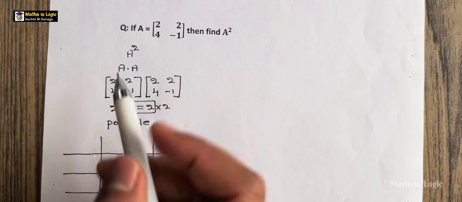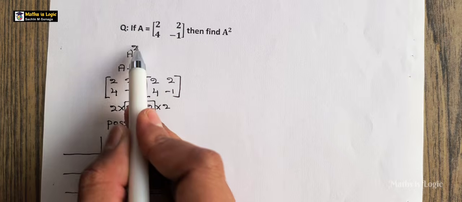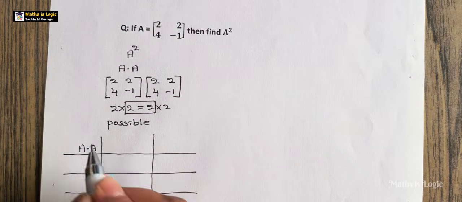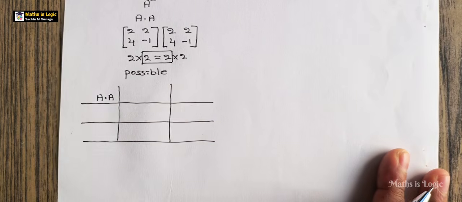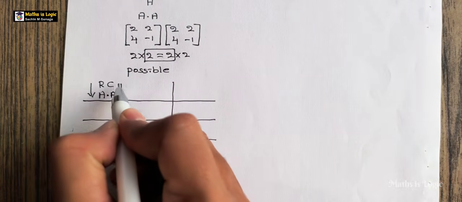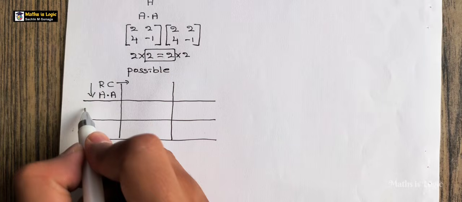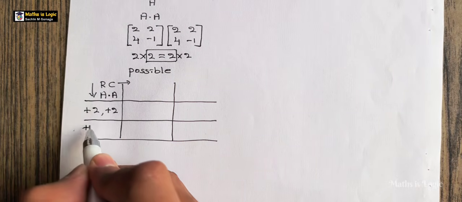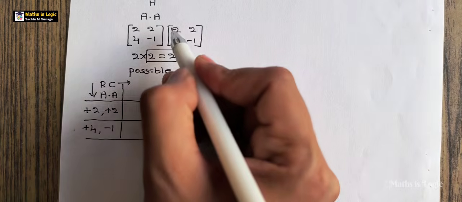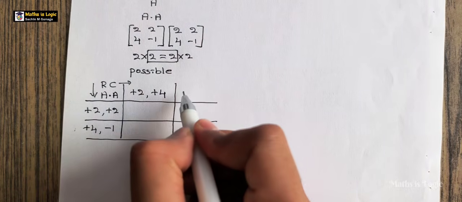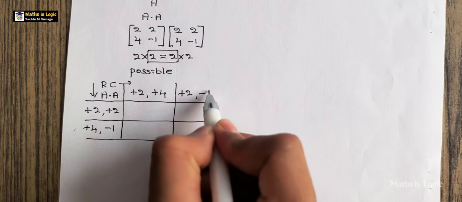Next, in this corner, instead of writing A square, we need to write A into A. So row, and here column. What is the first row? Plus 2 plus 3, second row, plus 4 minus 1, first column, plus 2 plus 4, second column, plus 3 minus 1.